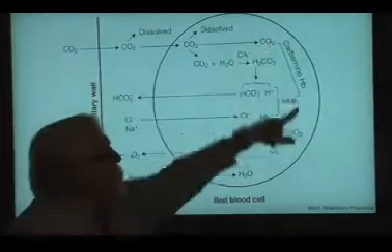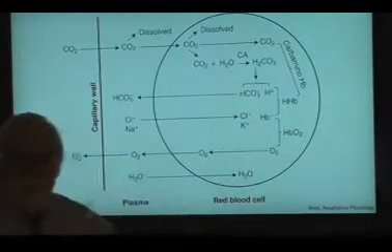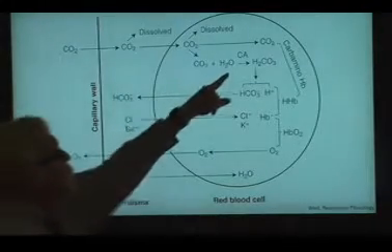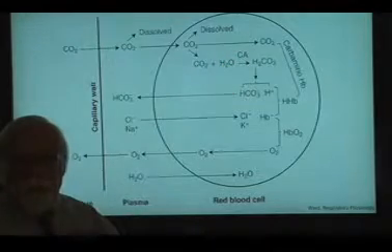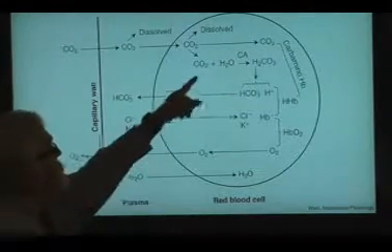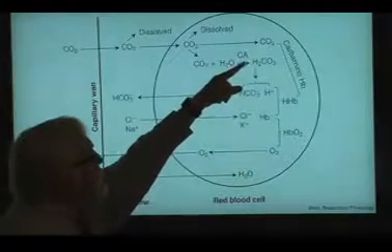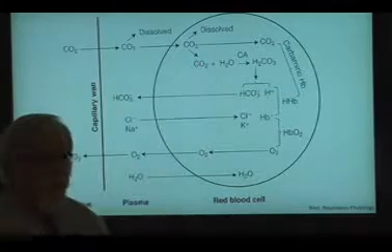Some of the CO2 binds onto hemoglobin, and that's called carbaminohemoglobin. And then within the red blood cell is an enzyme called carbonic anhydrase, and carbonic anhydrase allows the production of carbonic acid and then bicarbonate from the CO2.